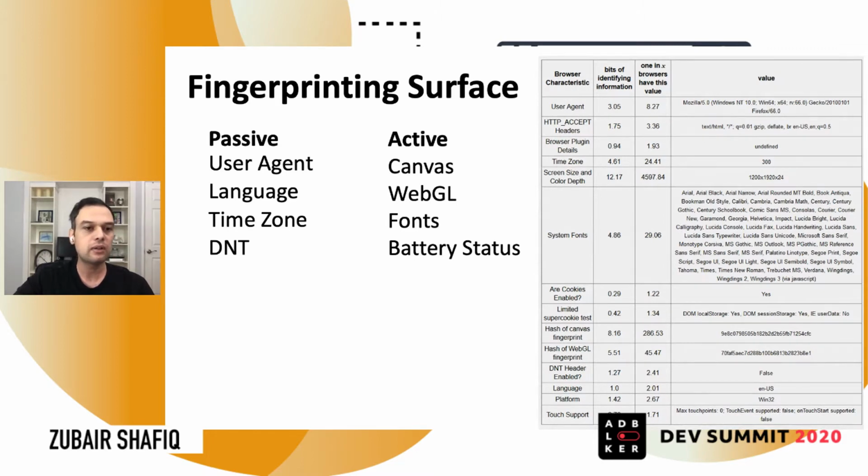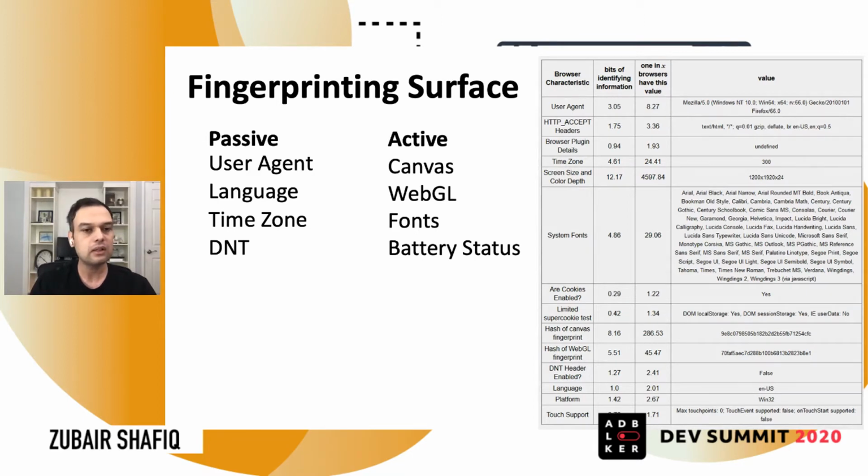This, for example, includes things like user agent, time zone, and any other flags which might be set in the HTTP request headers. And then we have active fingerprinting, where the fingerprinter actively tries to gather distinguishing information at the client side using different APIs supported in the web browser, and then exfiltrate that information to the server.